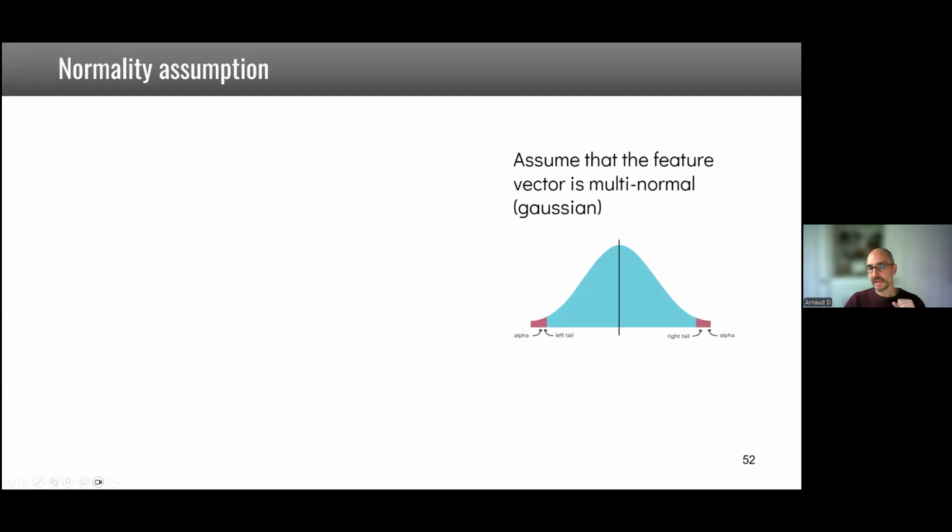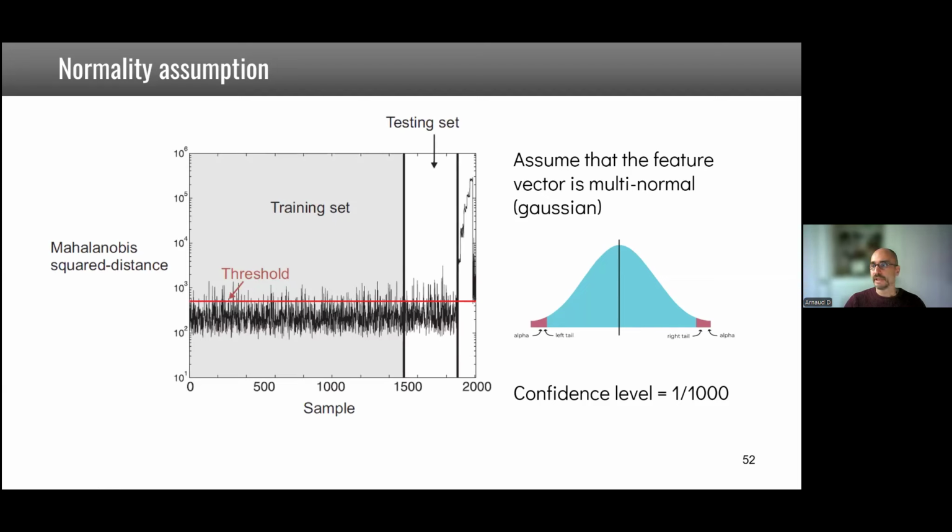So it means that my alpha value here is really in the tail of the distribution. I'm not at 50% in the middle. I'm at 99.9% or 99%. Okay? And if I do that with a confidence level, for example, here this is 99.9, so 1 over 1,000 can be out of threshold, basically. Then this is what I get.